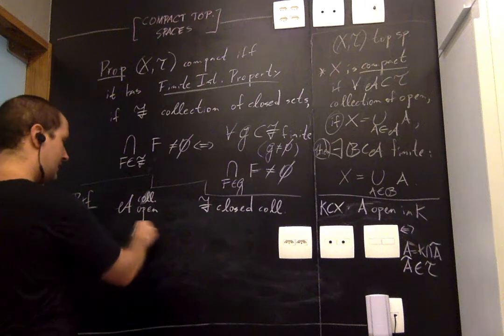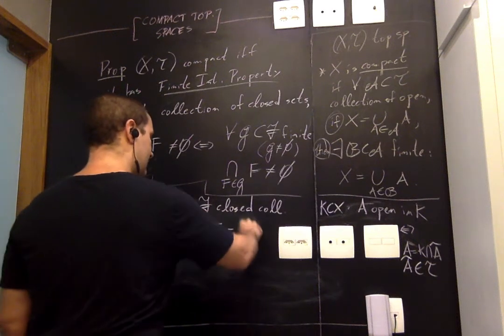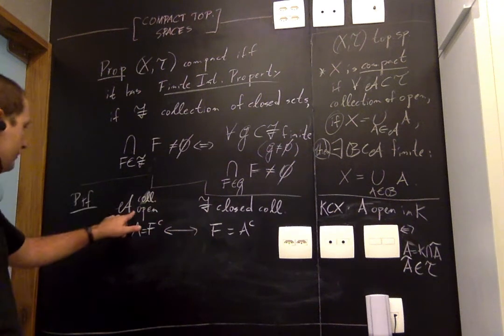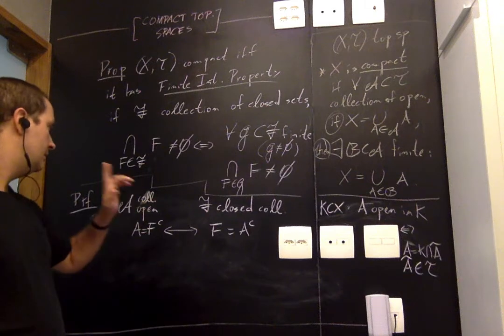All I have to do is, if I have an open set here, I take a closed set that's its complement. So this is the correspondence. A collection of open sets naturally corresponds to a collection of closed sets. Okay, now watch.